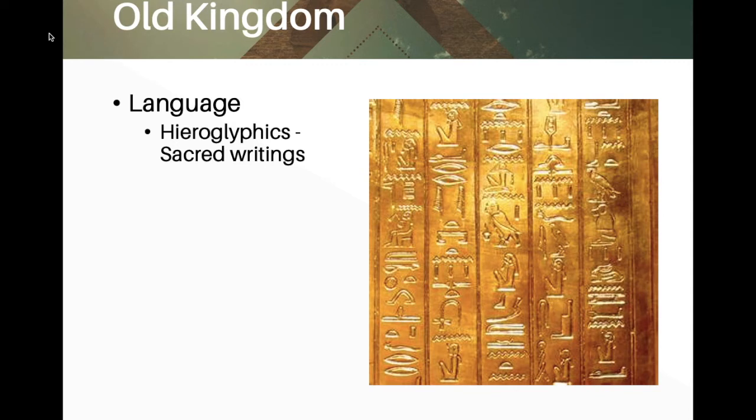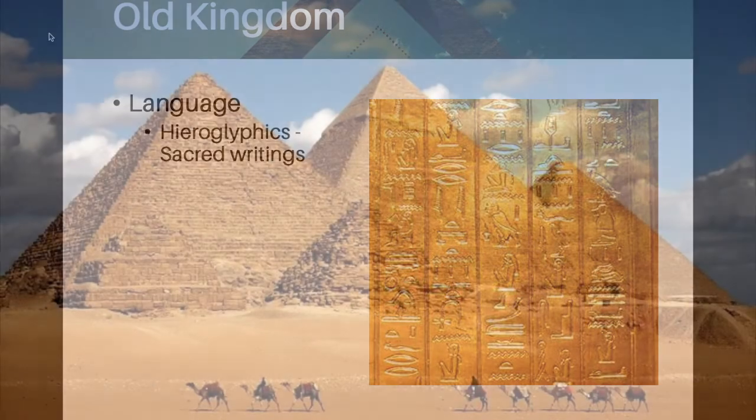And they would write them on temple walls, on tomb walls, papyrus scrolls. They would write the different messages and histories and information in those hieroglyphic symbols.